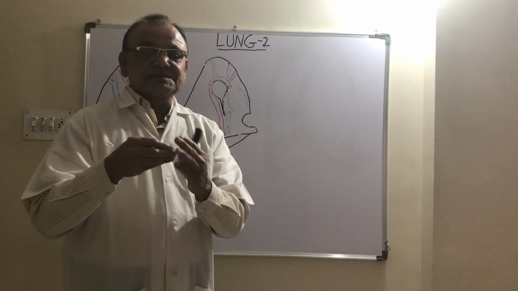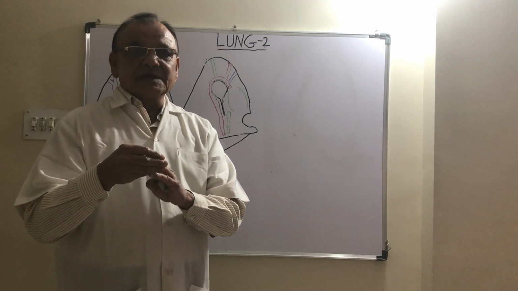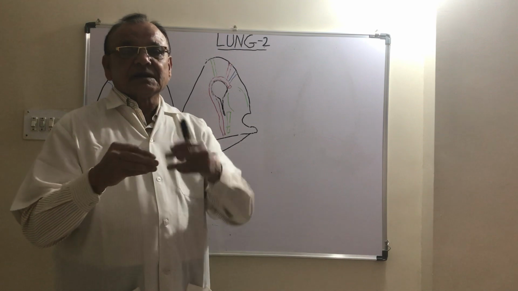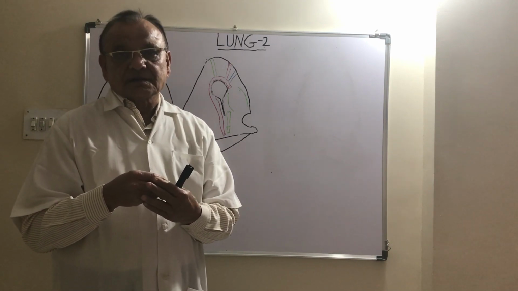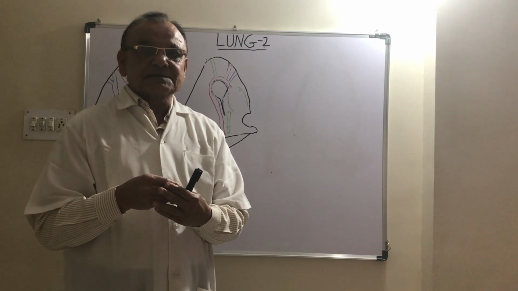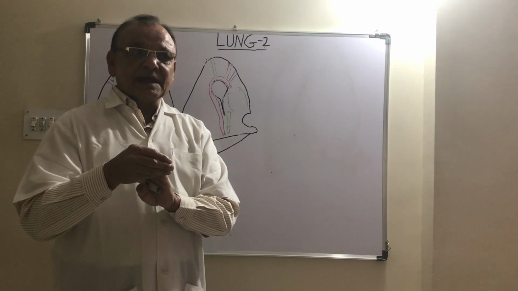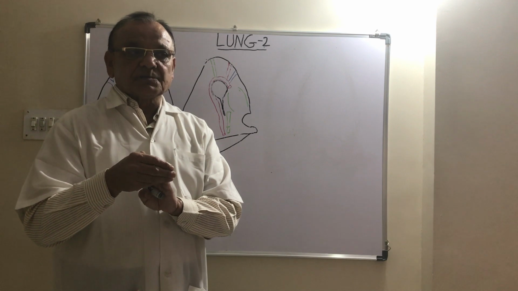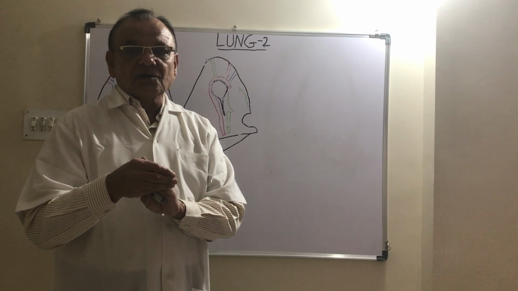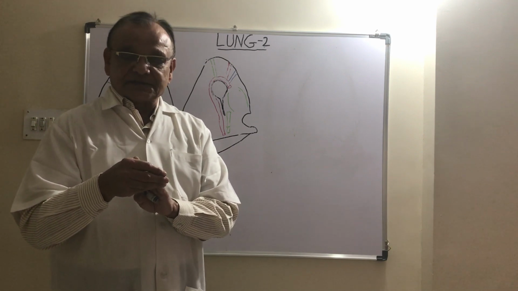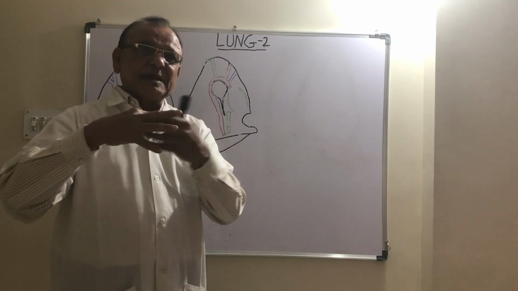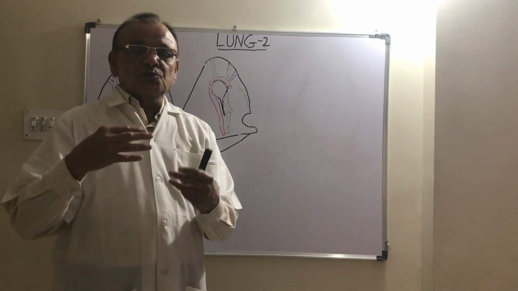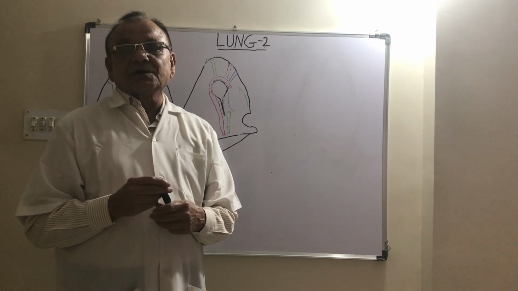The plexus lying in front is called the anterior pulmonary plexus, and the plexus lying behind is called the posterior pulmonary plexus. In between these structures there is a space, and this space is occupied by loose areolar tissue.